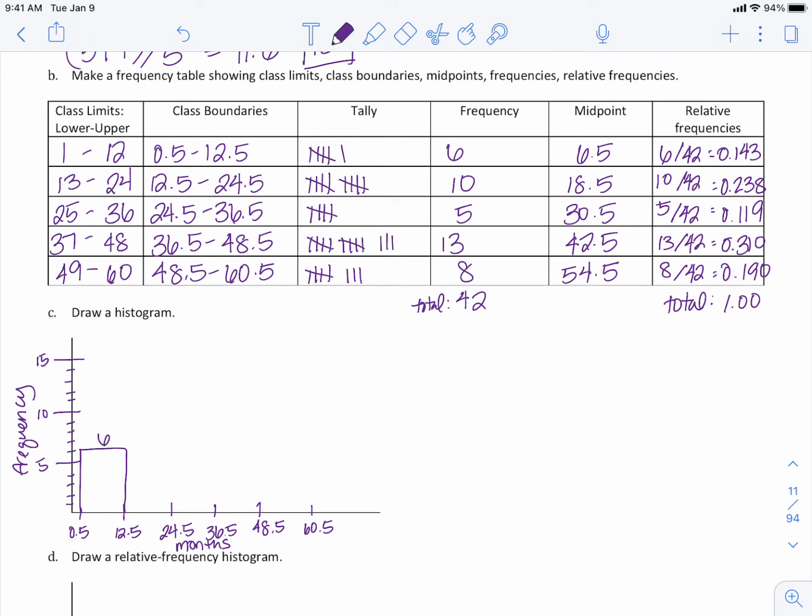The second one, we have a height of 10. Our third class, we have 5. Next, we have 13. And our last class, we have a height of 8.